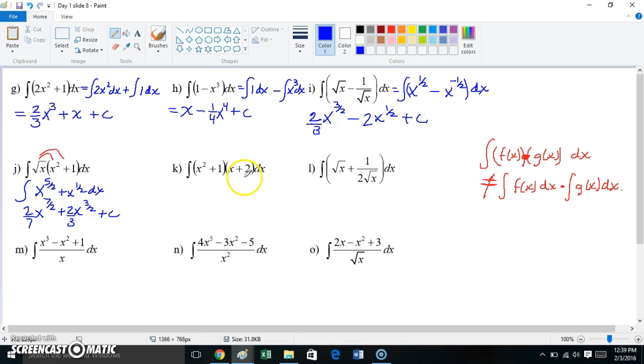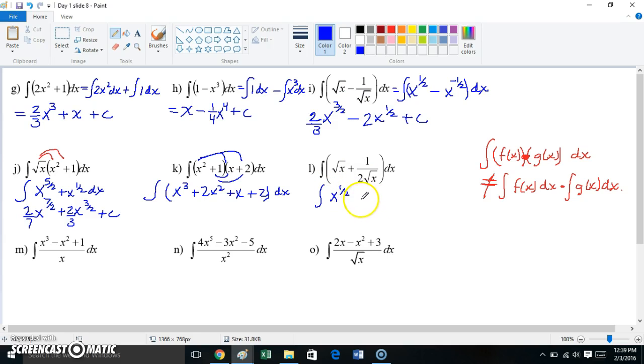Letter K, again, there's a product. Don't know how to do a product, so I guess I have to distribute and call this x cubed plus 2x squared plus x plus 2. Okay, then we're just doing anti-power rule. I'm going to jump ahead a little bit so I don't run out of time. Letter L, this one is very much like letter I. I would rewrite this using fractional exponents.